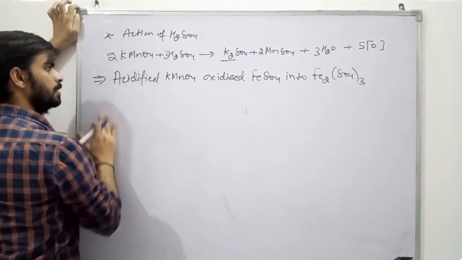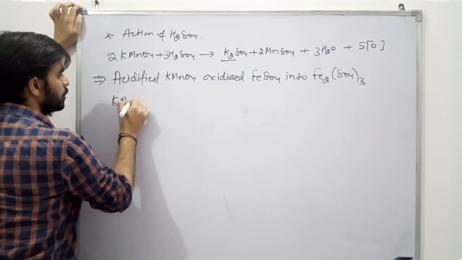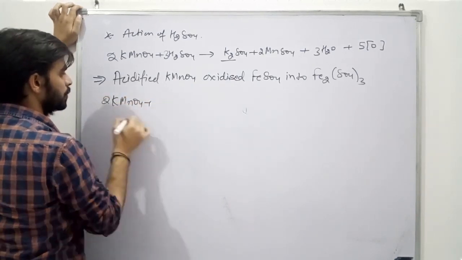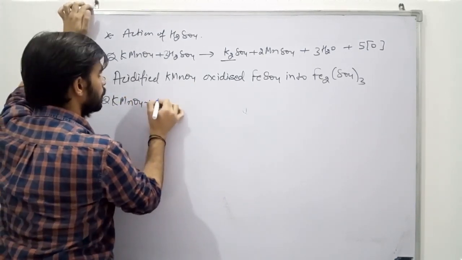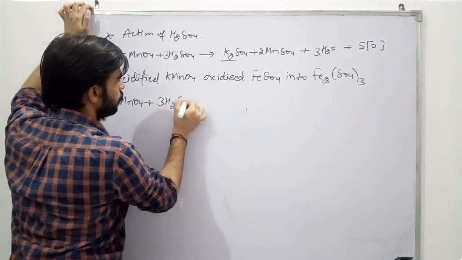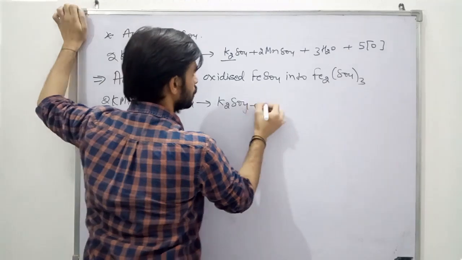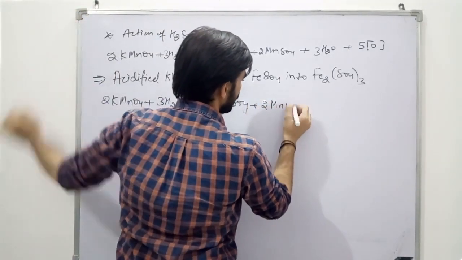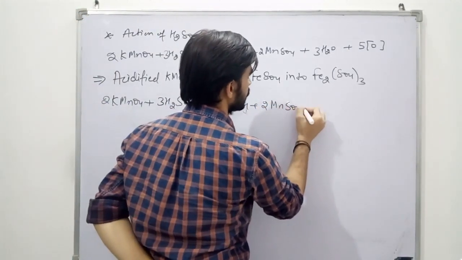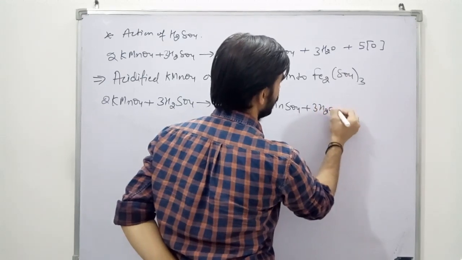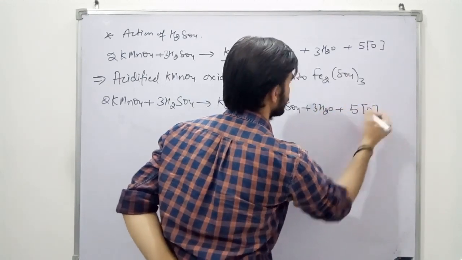Let's take the reaction: 2KMnO4 plus 3H2SO4 gives K2SO4, 2MnSO4 plus 3H2O and 5 nascent oxygen.